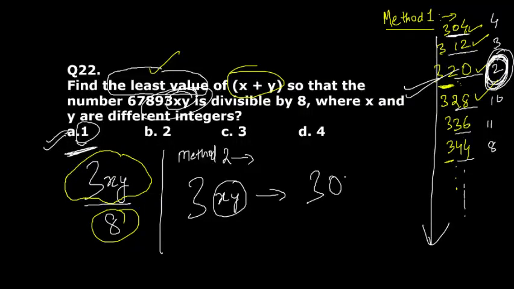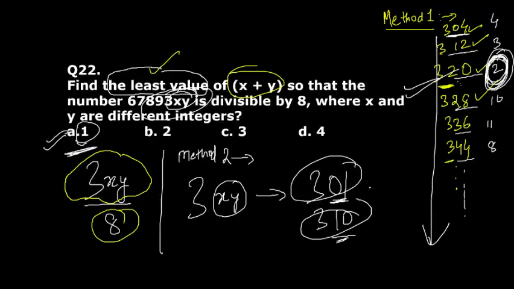It could be either 0 1 or 1 0. Then only your sum of the last two digits would be 1, right? But these numbers are not divisible by 8. Your sum is 1, but it is not divisible by 8. So this option is not correct.